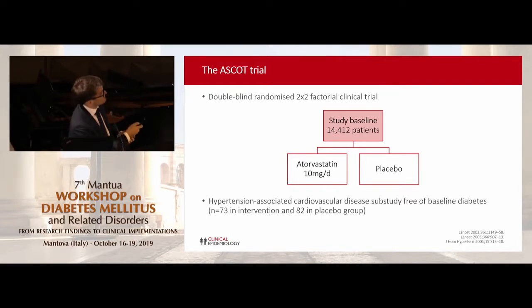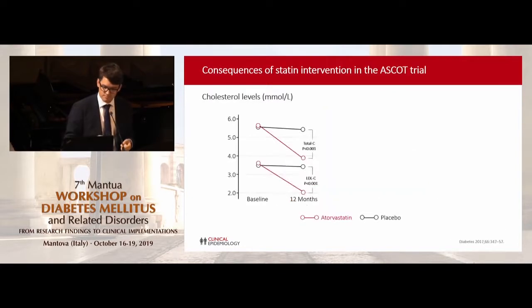For the lipid-lowering component, people were randomized to receive either atorvastatin 10 milligrams per day or placebo. And what we could use for our study was the samples of the hypertension-associated cardiovascular disease sub-study, and those participants were all free of diabetes at baseline.